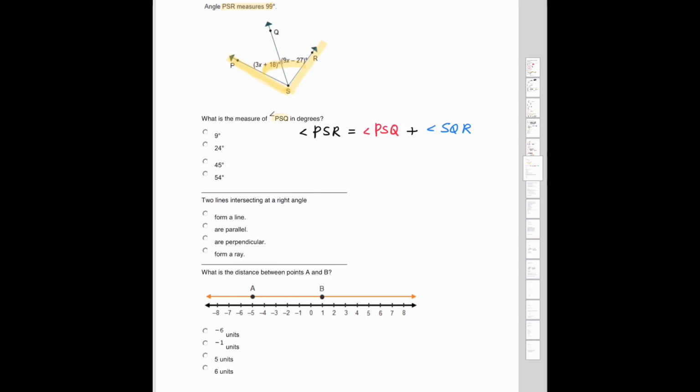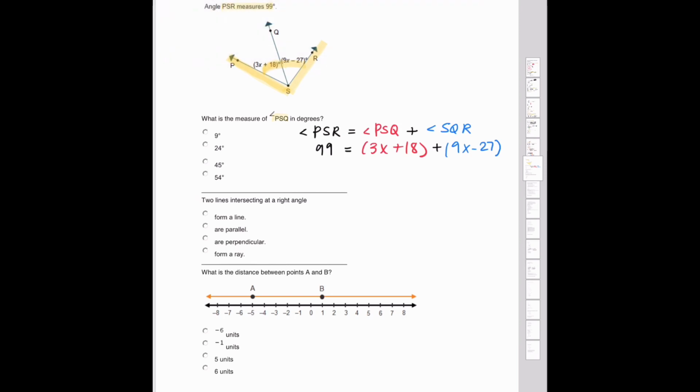We are given that PSR is equal to 99 degrees. We are given that PSQ is equal to 3x plus 18. And we are given that SQR is equal to 9x minus 27. Well, what we can do is take what we learned from algebra and combine like terms.